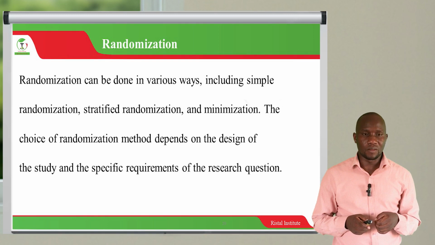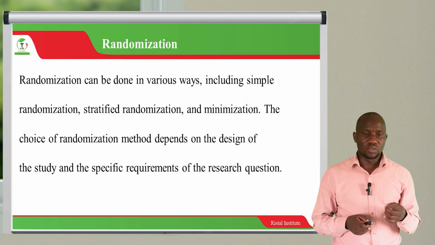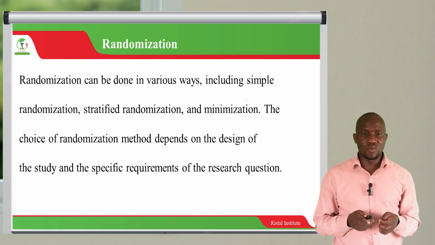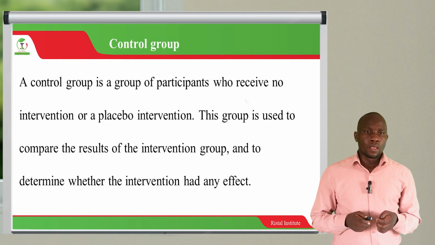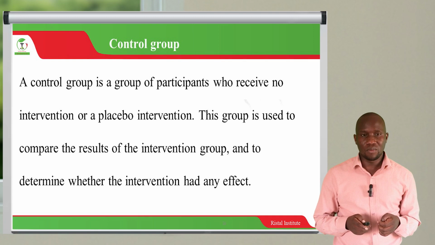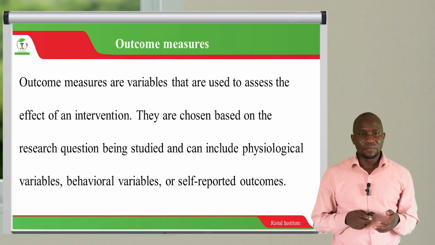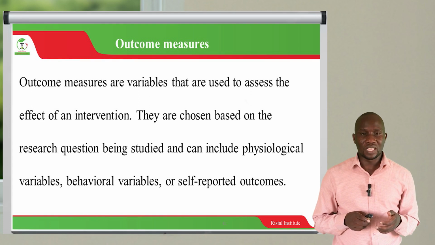You can have simple randomization, stratified randomization, and then minimization. These are all different strategies that you can use in randomization. The control group, like we said earlier on, are those that will receive the treatment or the placebo. And then the outcome measures are the variables that we use to determine whether the intervention is having an effect or not.